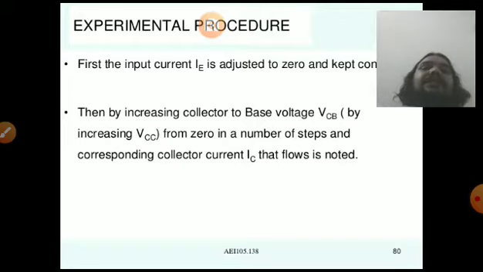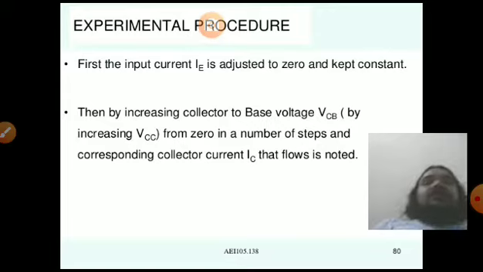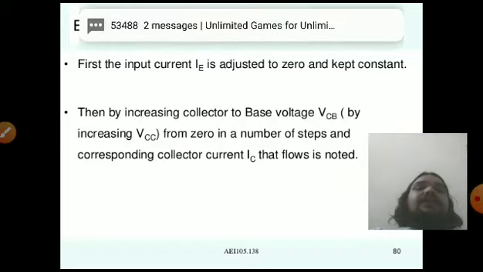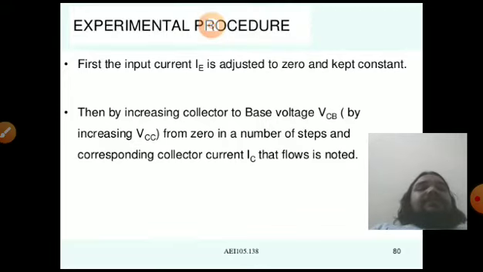First, the input current IE is adjusted to 0 and kept constant, then by increasing the collector to base voltage, increasing VCC from 0 in a number of steps, the corresponding collector current is noted.